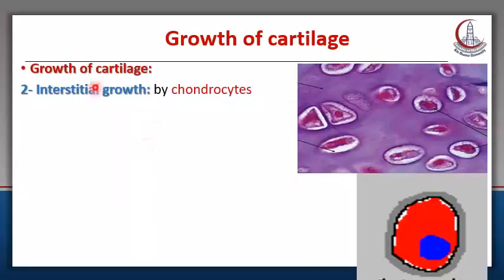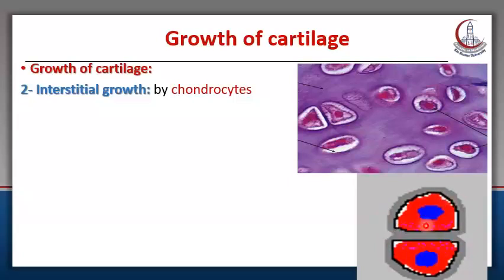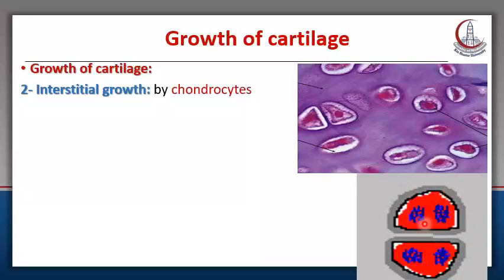The second type of growth occurs by interstitial growth, which occurs by chondrocytes. We said that chondrocytes divide by mitosis and give different chondrocytes either inside the same lacuna, we call it cell nest, or 4 to 8 cells in separate lacunae.